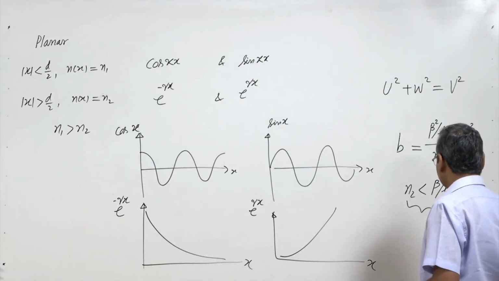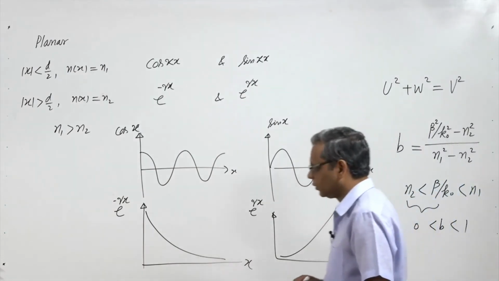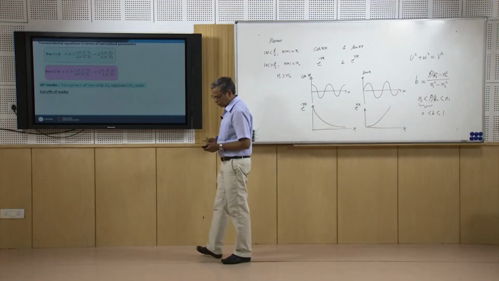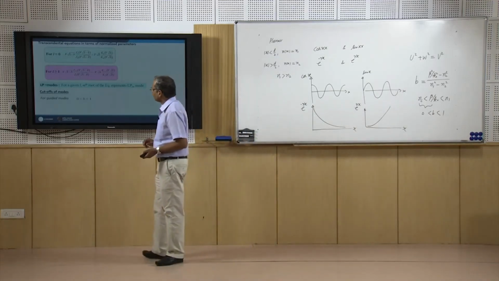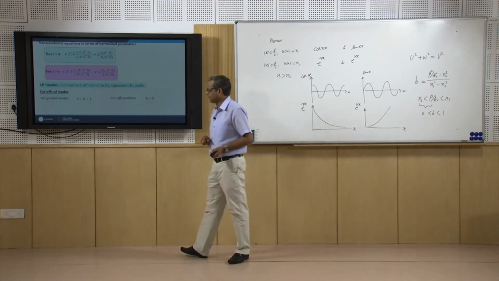So, which means that b lies between 0 and 1, and b equal to 0 corresponds to the cutoff. So, the cutoffs of the modes are defined by b equal to 0.